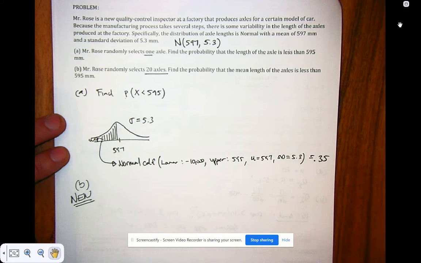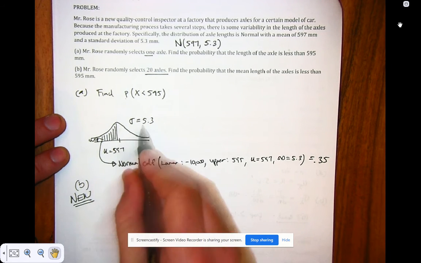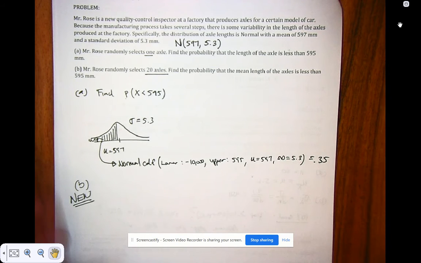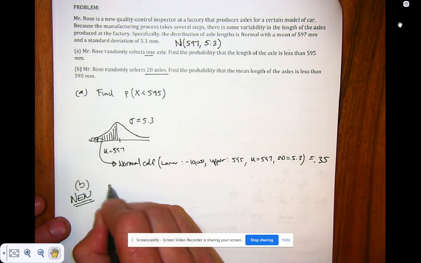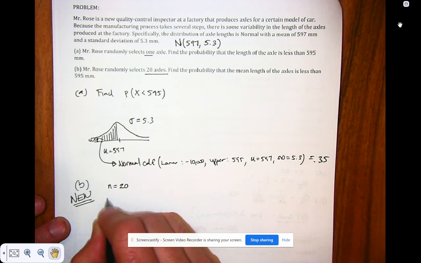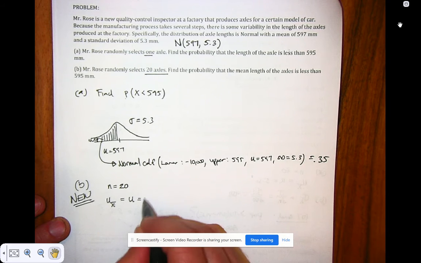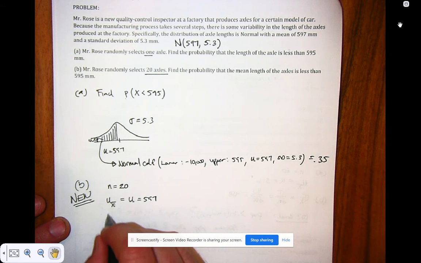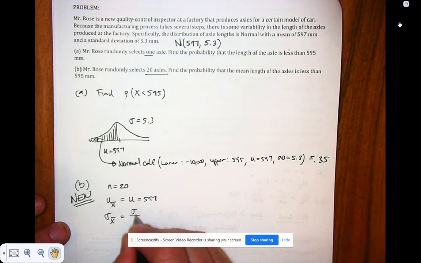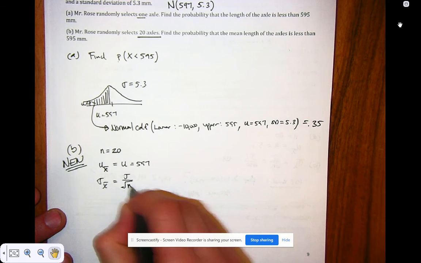And the only way we can do this, you guys, is if we get this fancy drawing with a mean and a standard deviation. But what changes if you have a sample size of 20? The new mean of that sample is the old mean, which is still 597. But the standard deviation of that sample size changes. It's the standard deviation of the population divided by the square root of your sample size.